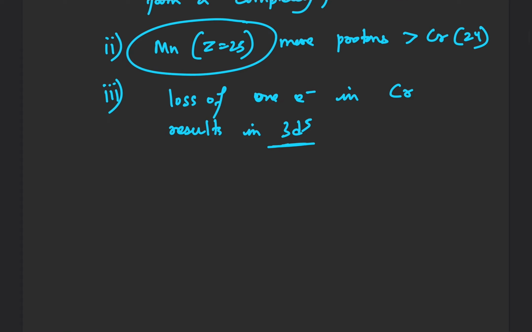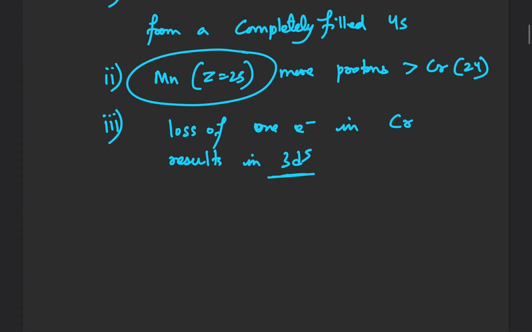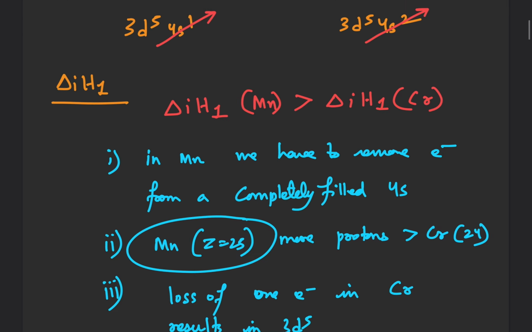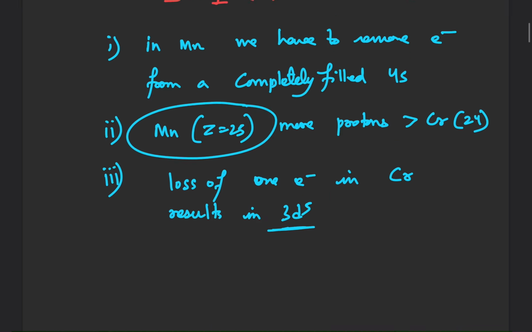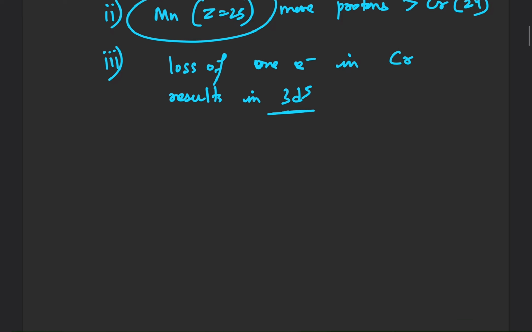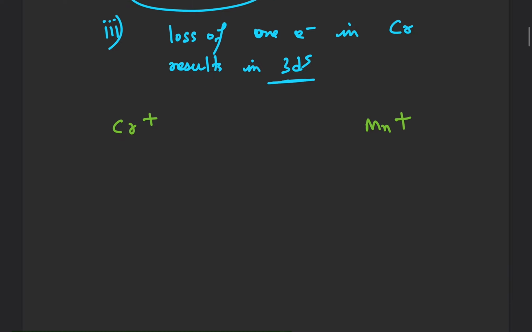Okay, cool. After they have lost one electron each, that is manganese has lost one electron, chromium has lost one electron, they become Cr+ and Mn+, and their configurations are important. So Cr+ and Mn+. Configuration of Cr+ is 3d5, configuration of Mn+ is 3d5 4s1. Okay, so here we have to knock out the next electron from a 3d orbital.